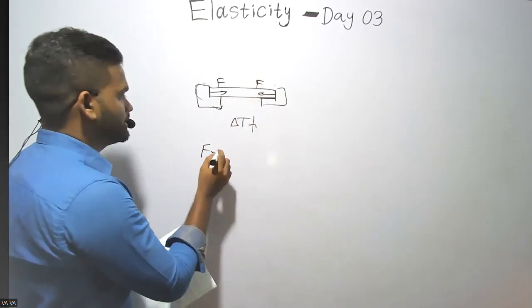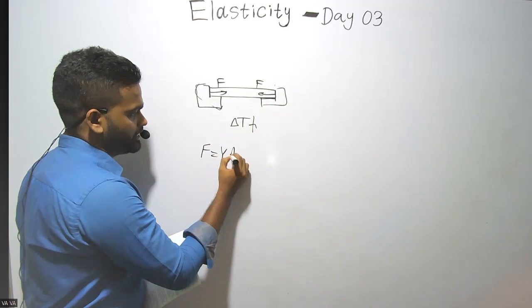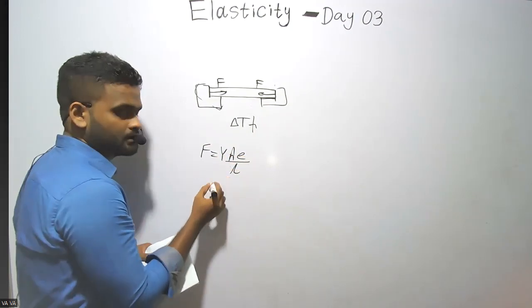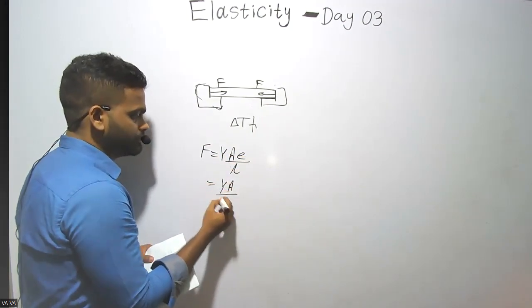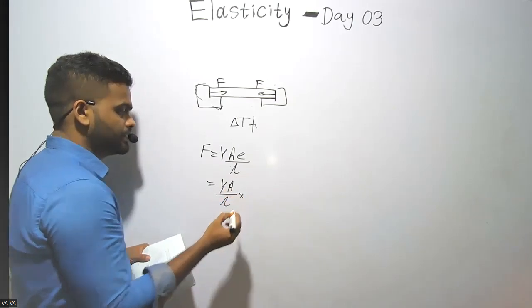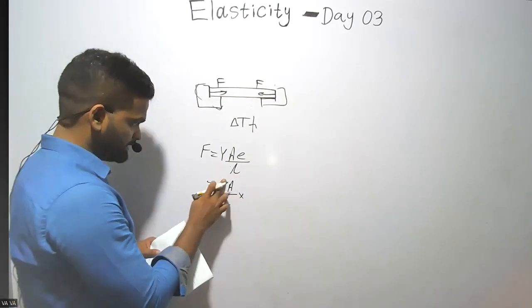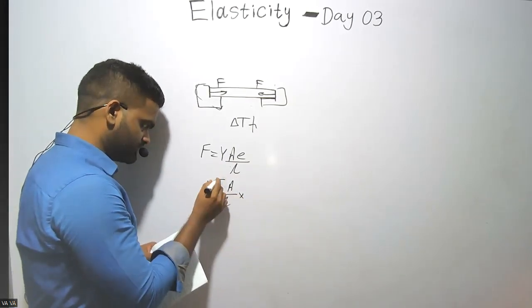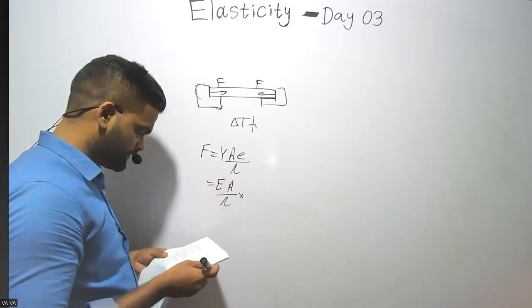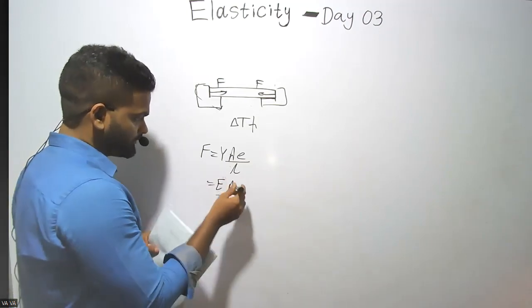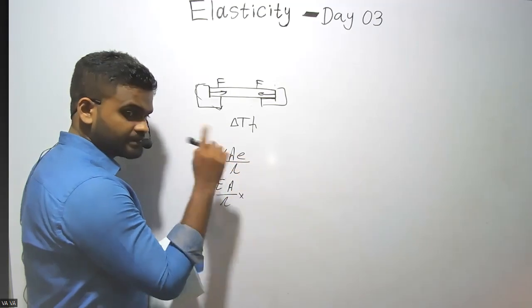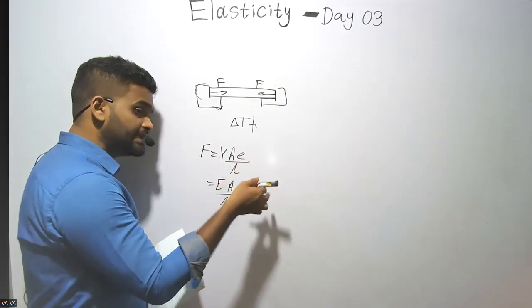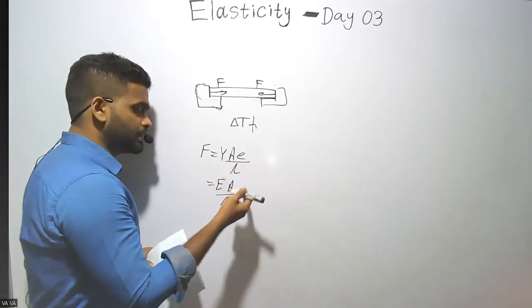So we know capital F is what? Y A E divided by L. Actually, they say that Young's modulus is, they have used capital E. This extension, as I discussed before, is the linear expansion due to temperature increase.